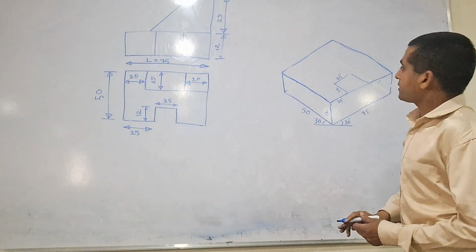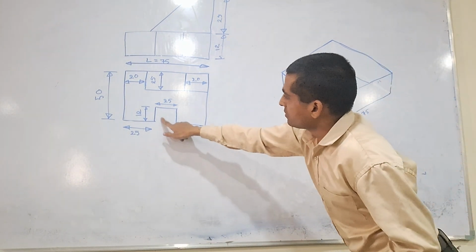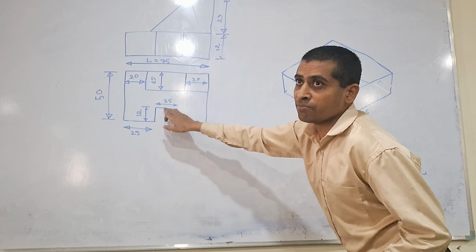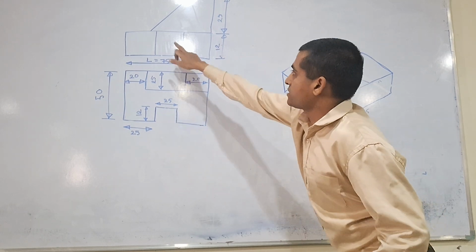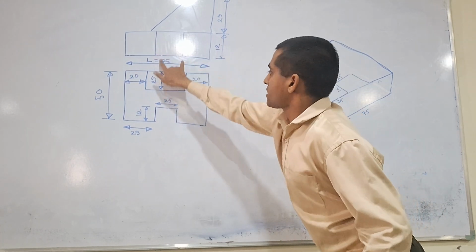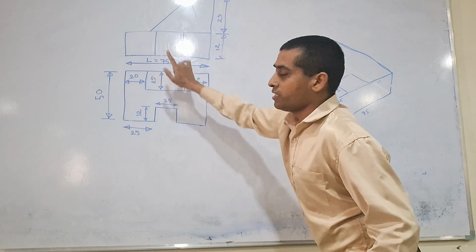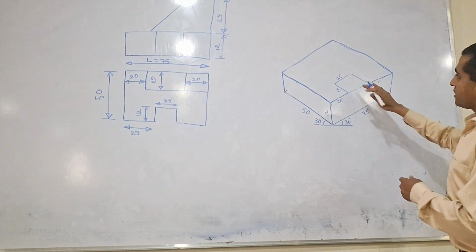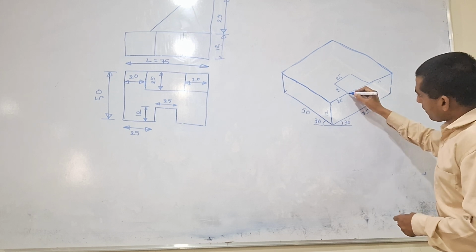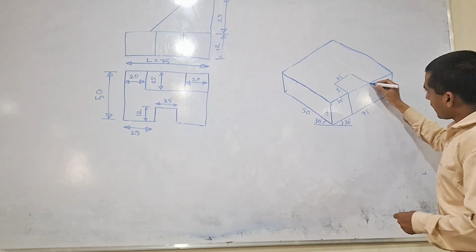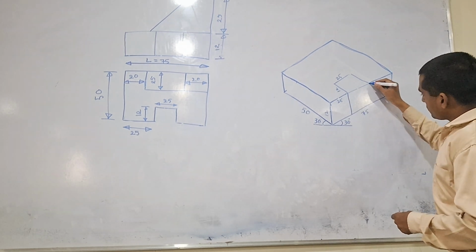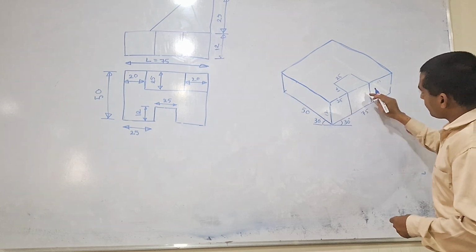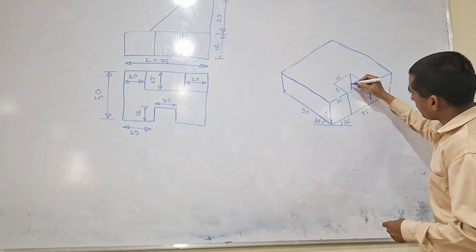But you can see here, this is a removal of material, right? You can see in the front view this portion is there, same 25 is there. Therefore I need to construct here whatever material is removed. Draw one line here vertically, one more line, 12 mm, same 12 mm, here also 12 mm.